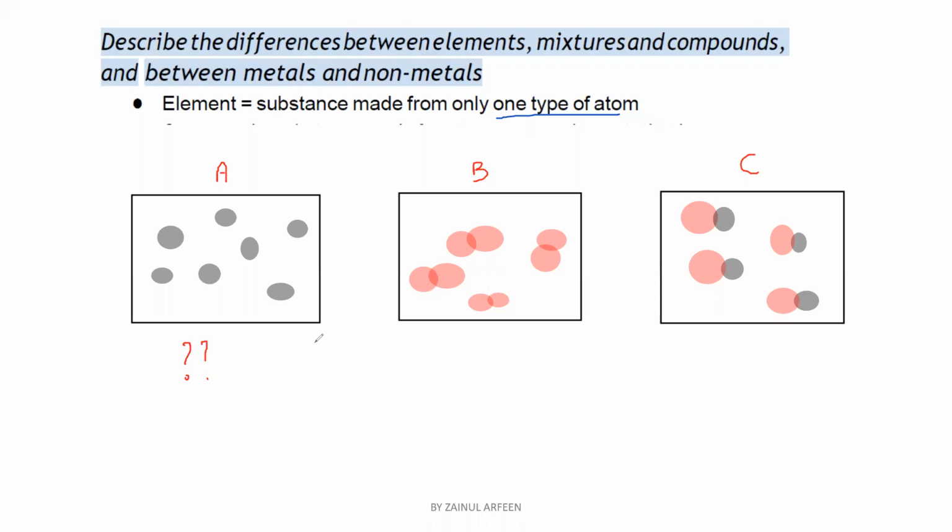So yes, A is an element. What about B? B is an element or no? Yes or no?